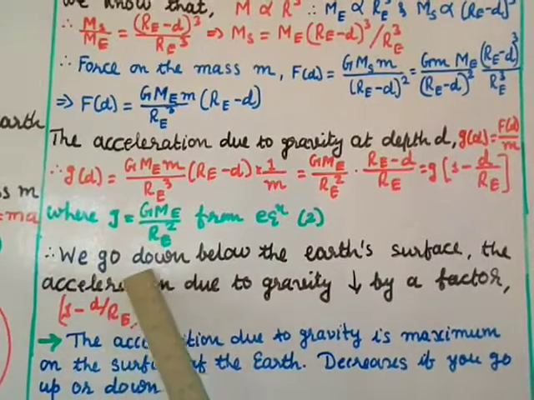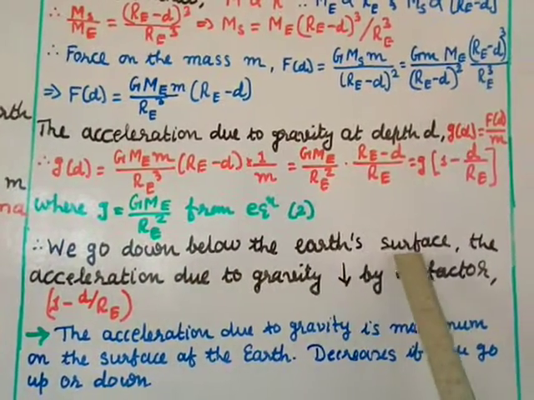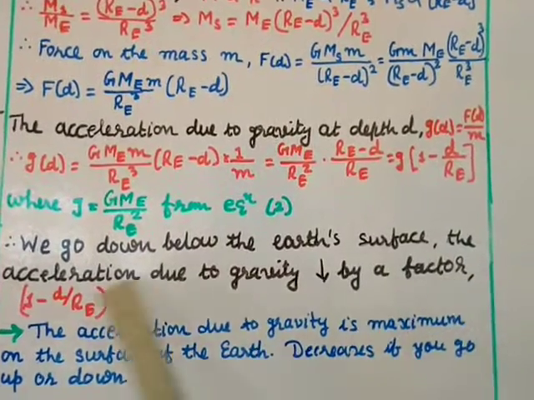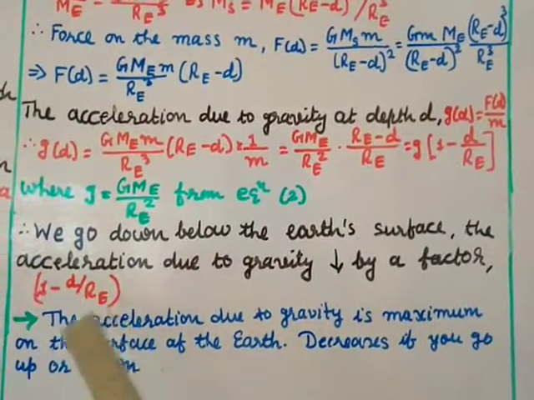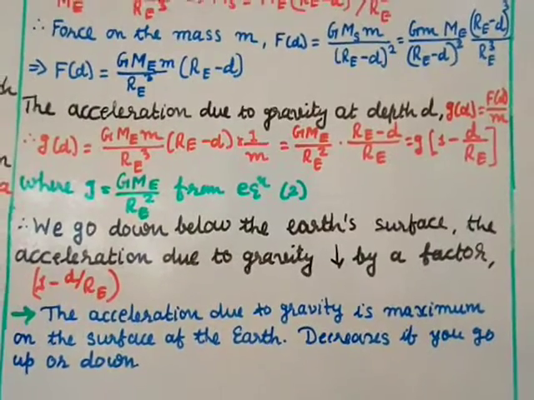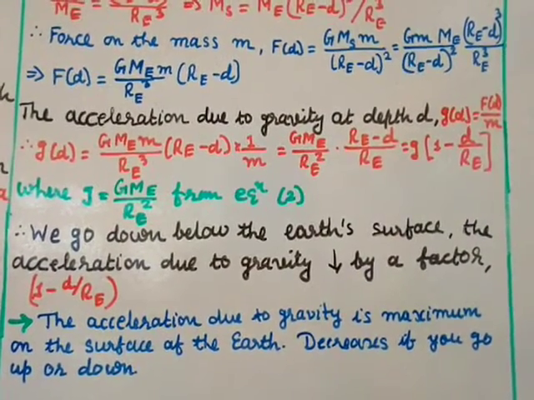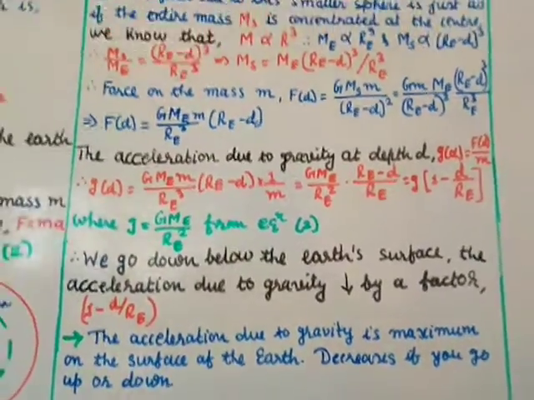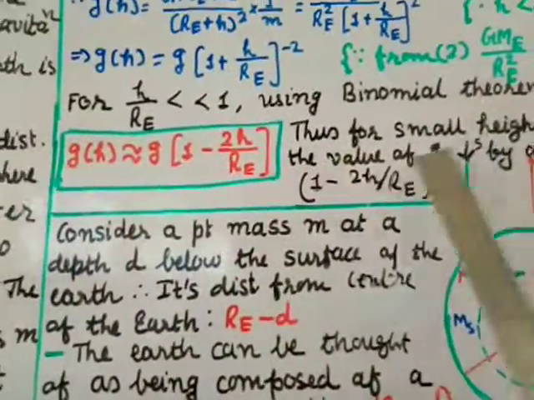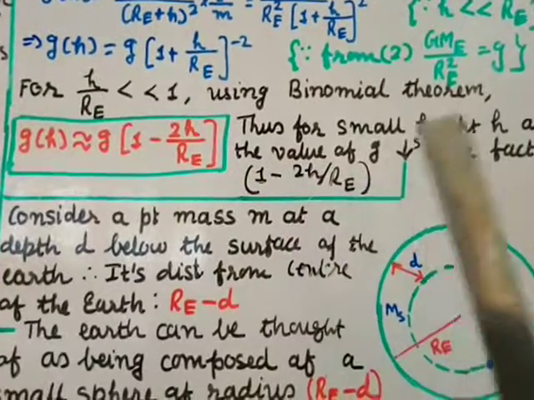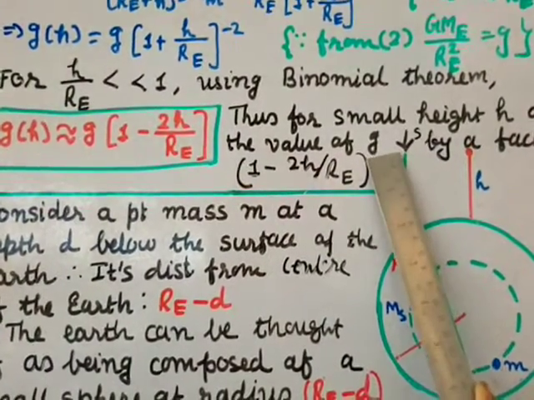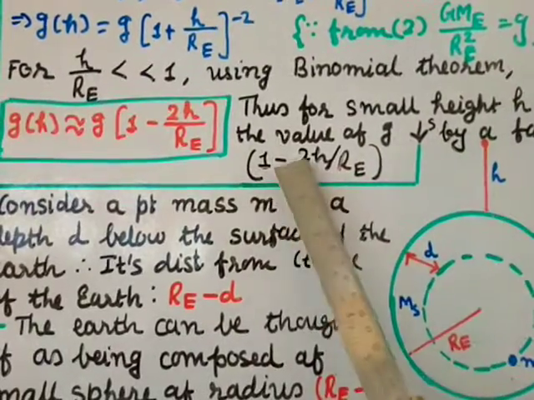Therefore, if we go down below the Earth's surface, the acceleration due to gravity decreases by a factor of 1 minus d by Re. And if you go above the surface of the Earth, the acceleration due to gravity g decreases by a factor of 1 minus 2h by Re.